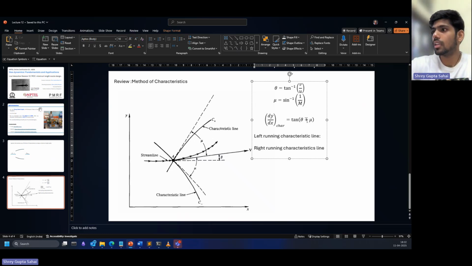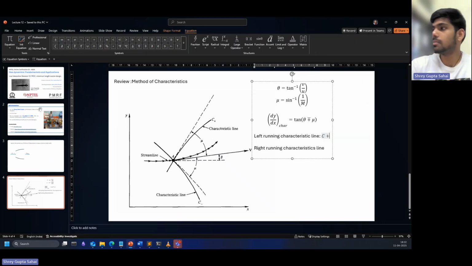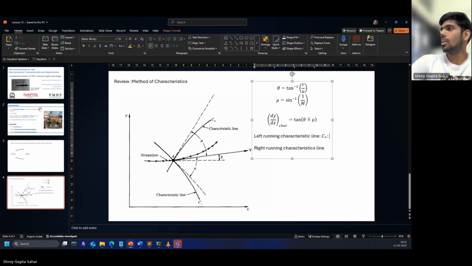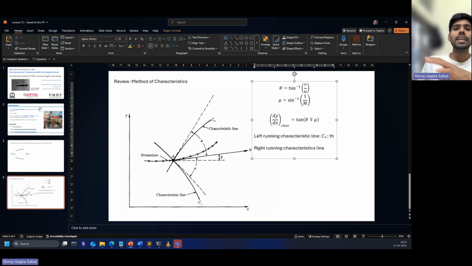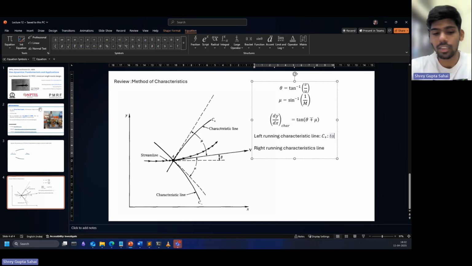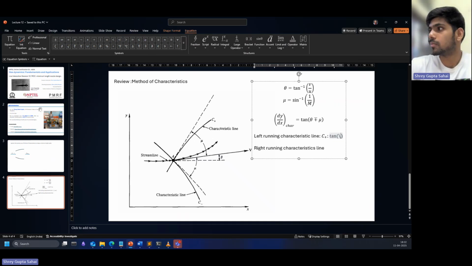So it's denoted as C plus, the reason being that it is oriented by theta plus mu.